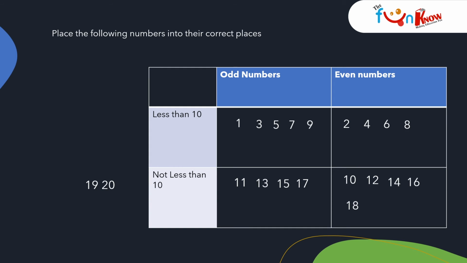Now 19 and 20, students, be quick. Yes, 19 will be coming in odd, not less than 10. And lastly, the 20 will be coming in even, which is again not less than 10.